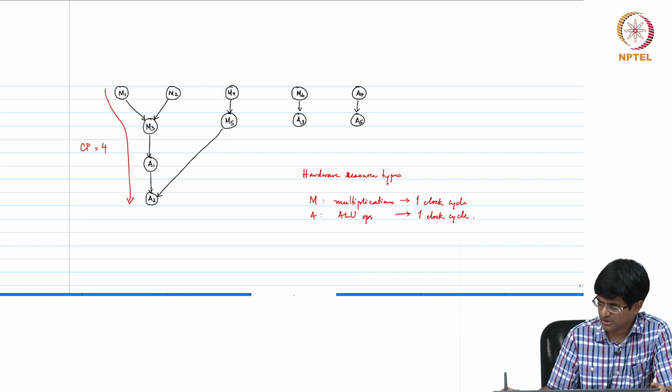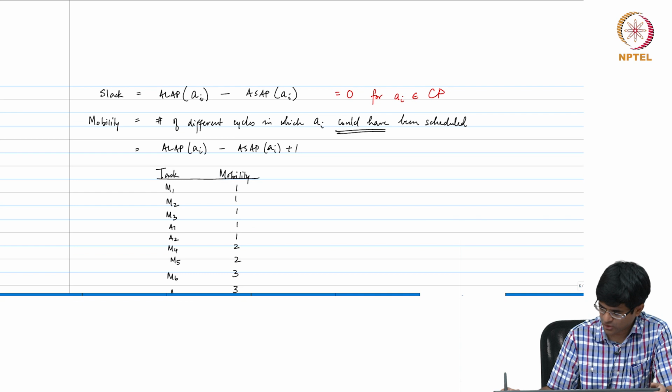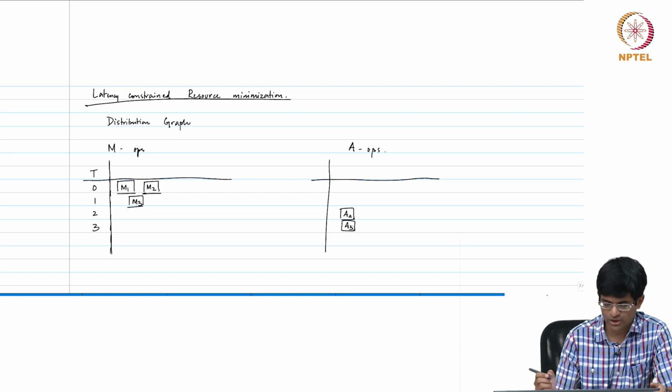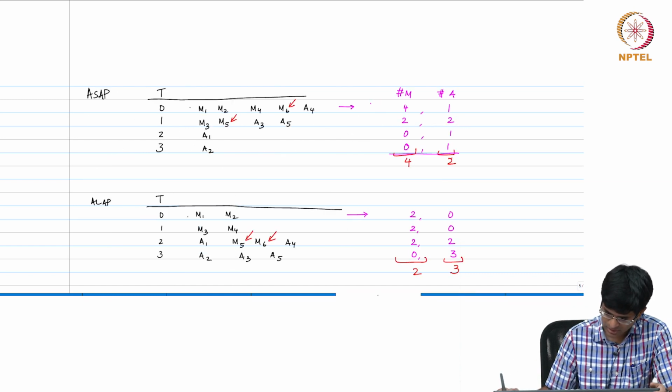A1 and A2 in their case will contribute to cycle number 2 and 3 respectively. So M3 in other words contributes here, and A2 and A3, which I will draw in the A operations distribution graph, contribute a full 1 into their respective clock cycles. Now, what about M4 and M5?